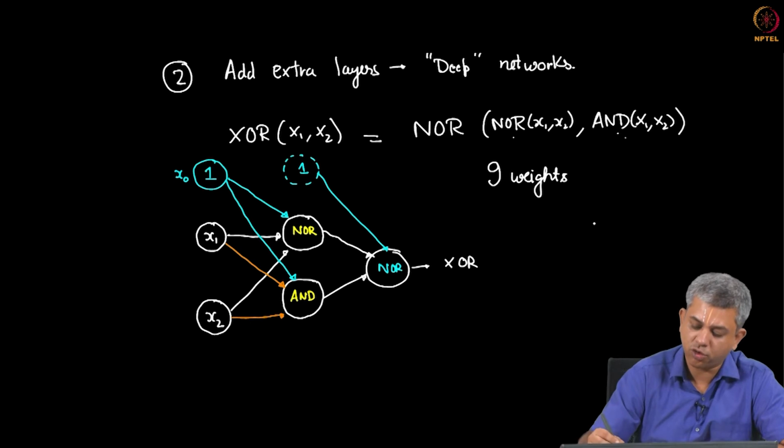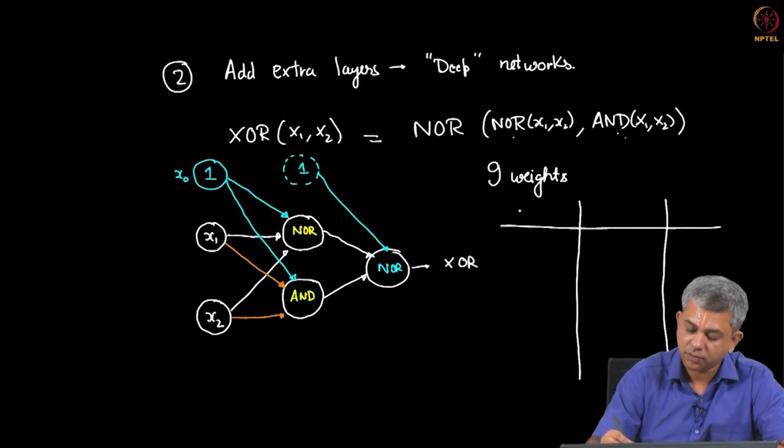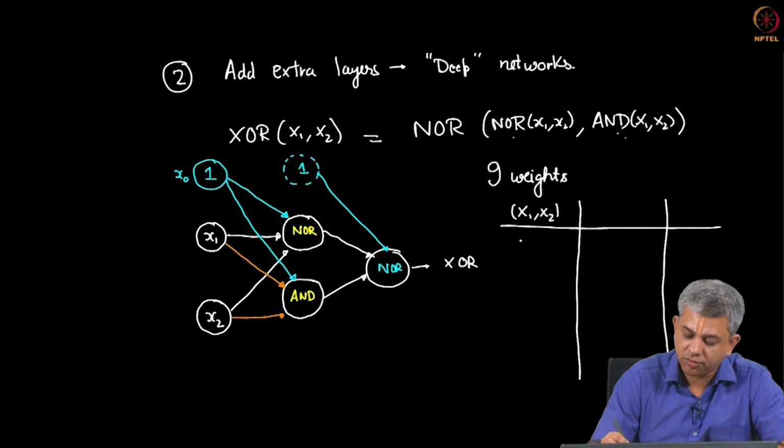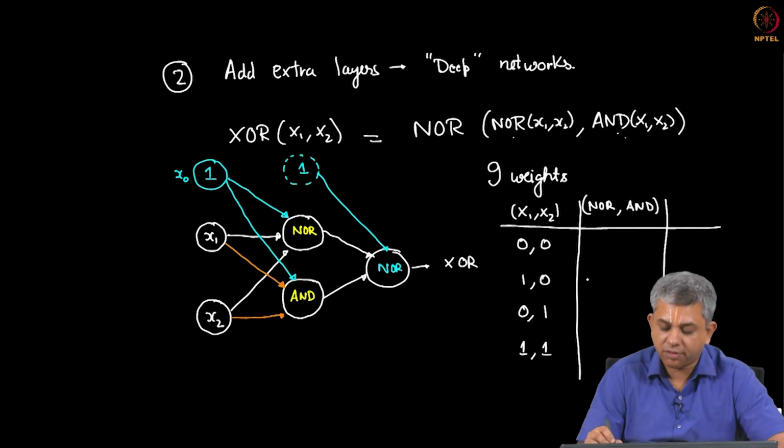I will show this to you quickly in a truth table, so that you can convince yourself. X1 x2: 0 0, 1 0, 0 1, 1 1. I will just write both NOR and AND as output here.